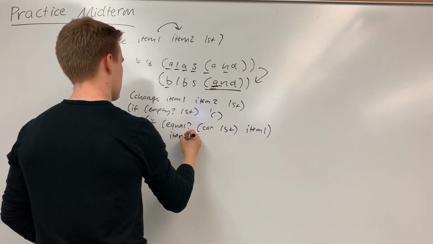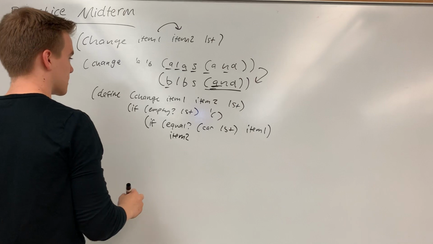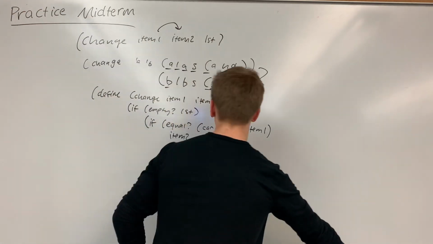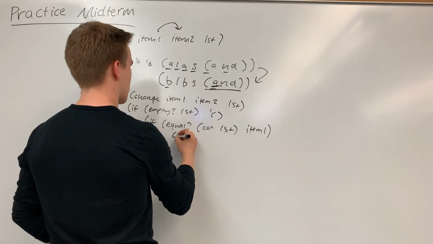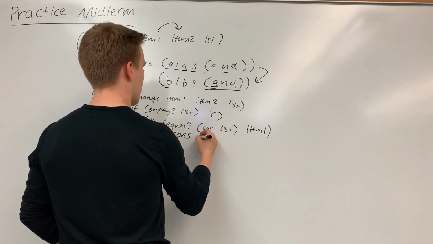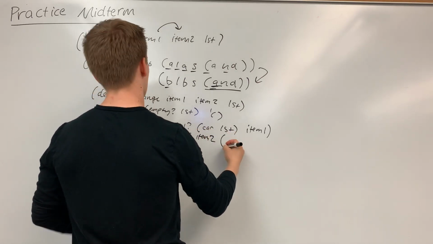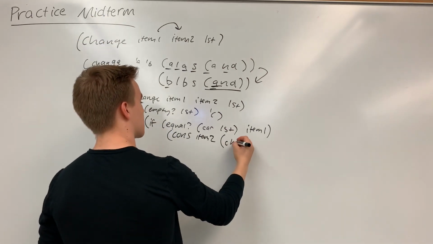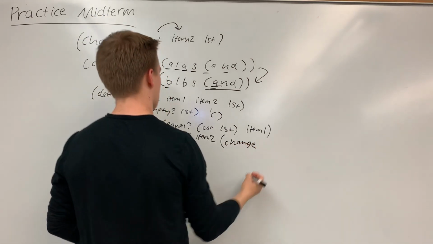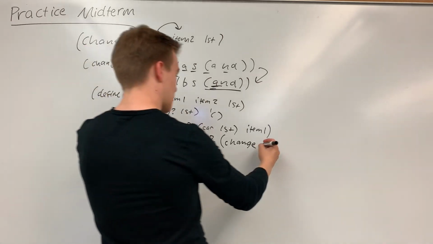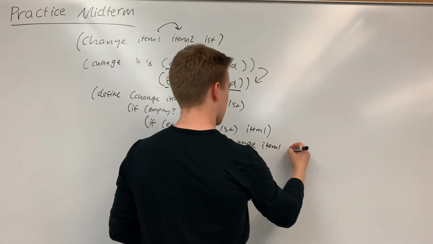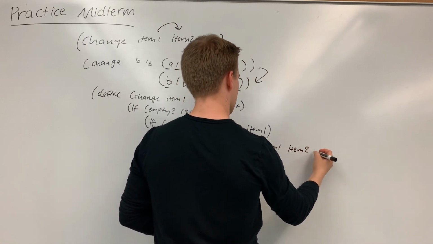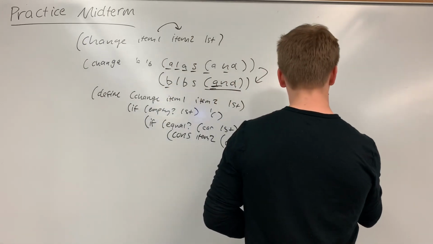And else, I'm not just going to output item2. I need to put my recursive call here, so instead I'm going to cons item2 to my recursive call, which is change, where item1 and item2 stay the same, on the CDR of the list. It would be convenient if I was standing on the other side, but maybe I'll just make sure I move out of the way at the end.